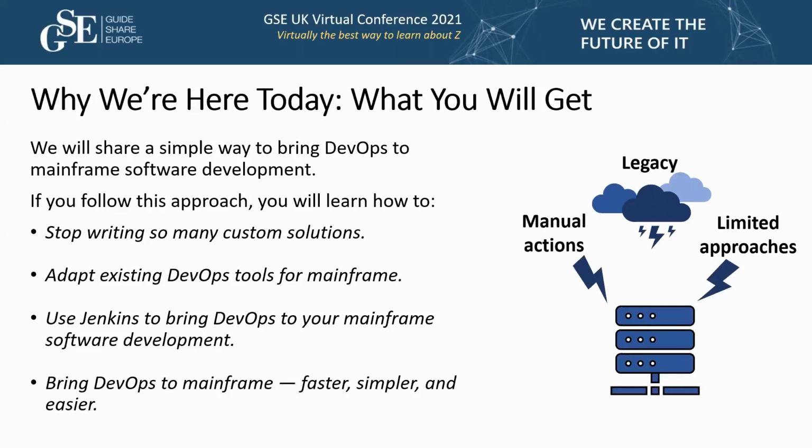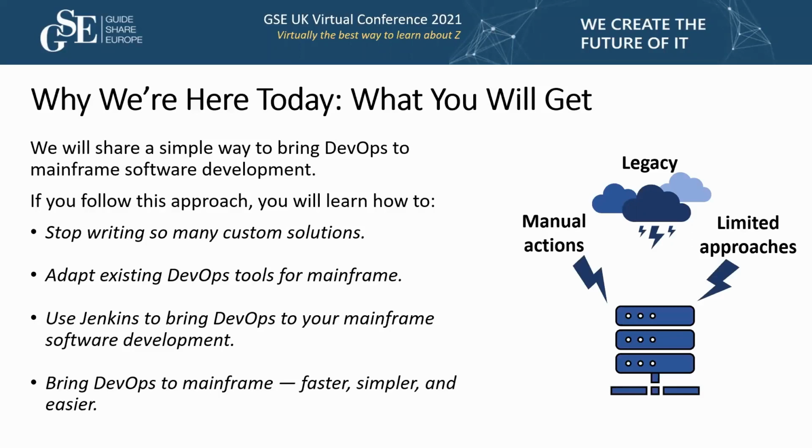So we are going to give you a good functional solution to the problem of how to bring DevOps to mainframe software development. And we will do so in 3 steps. The first is we will discuss the overall topic of how to bring DevOps practices to mainframe software development and tell you the best way to do so.